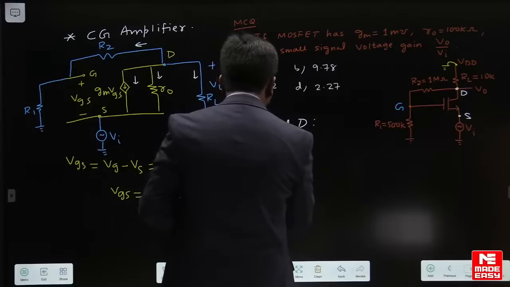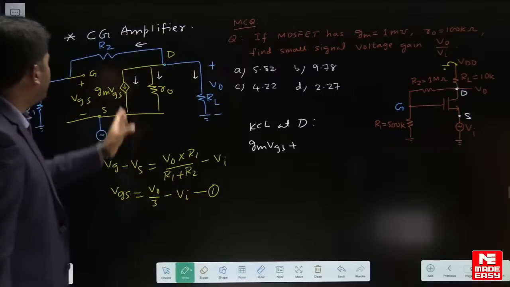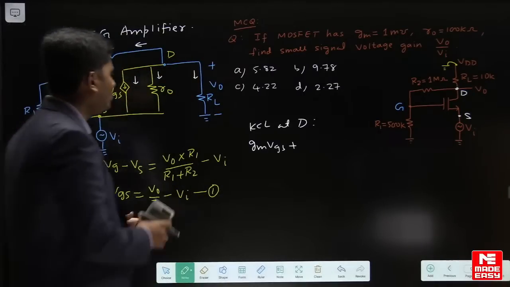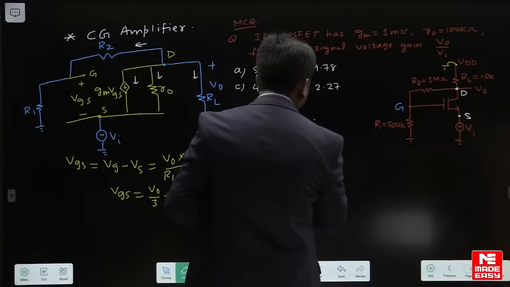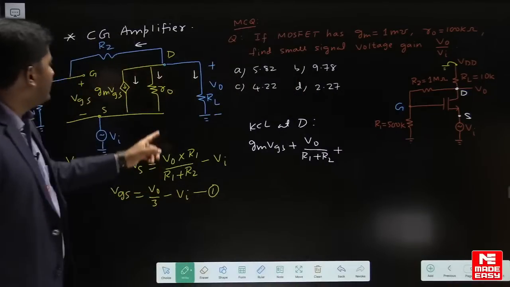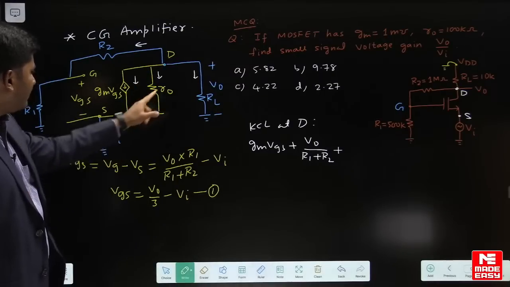It will be gm VGS plus, what will be the current in this path? It will be V naught divided by R1 plus R2, V naught upon R1 plus R2. Plus, what will be the current in this element? It will be V naught minus Vi divided by R naught.